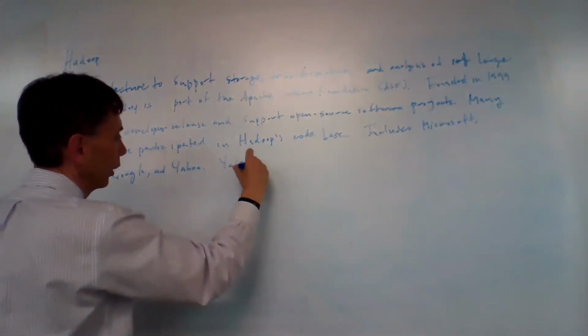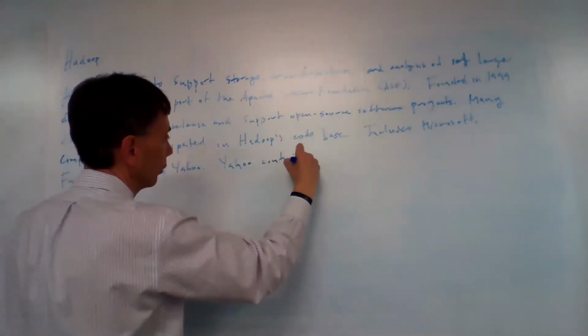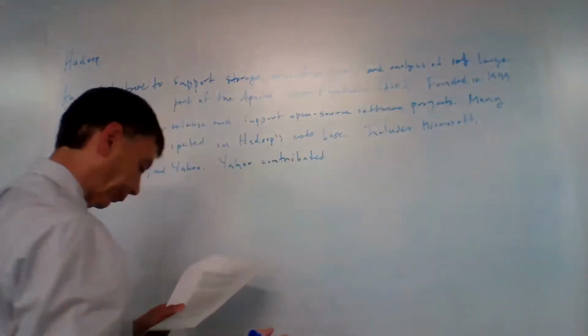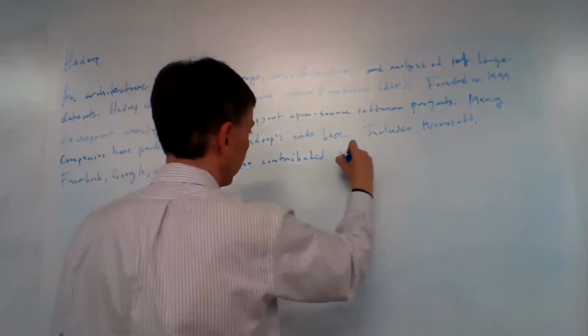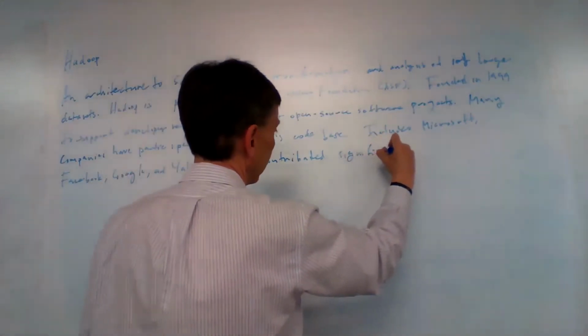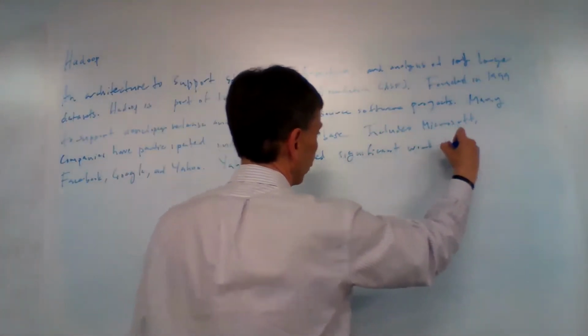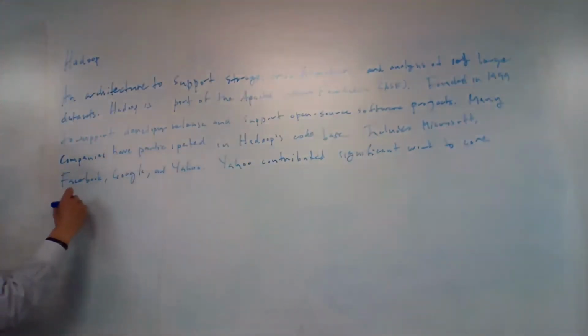And Yahoo has contributed significant work to the core system. I think Yahoo's done by far the most work and the work on the most important parts, which is interesting.